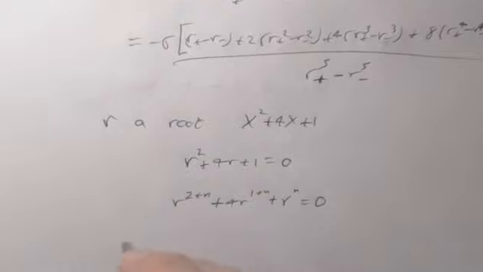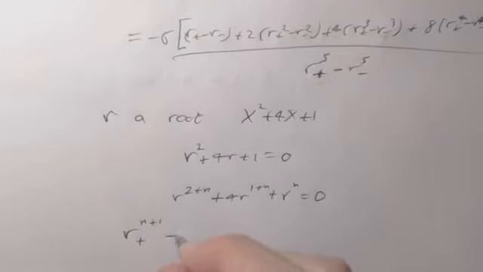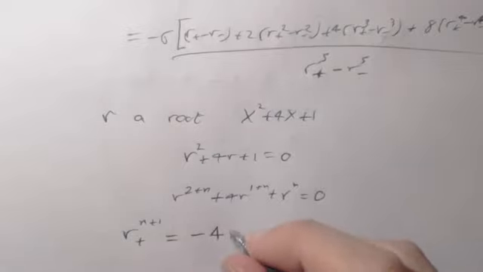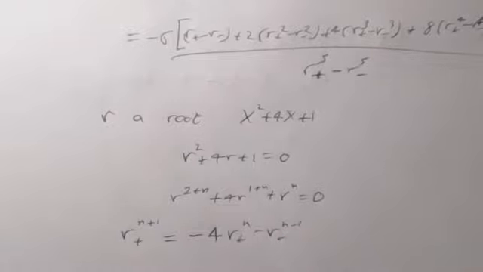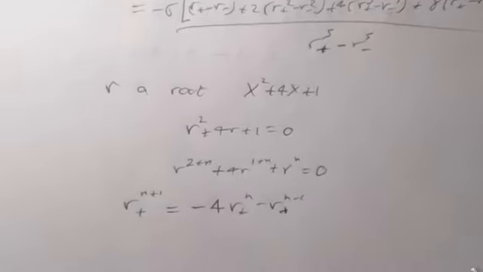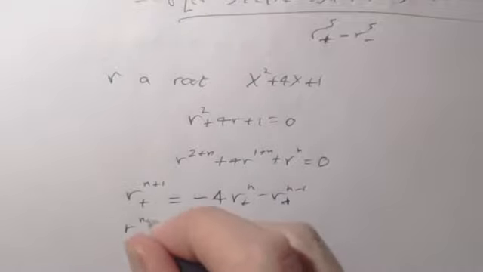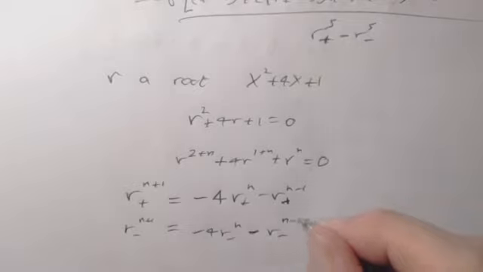So for example, if we want to know r plus to the n plus 1, well, if we know r plus to the n and r plus to the n minus 1, r plus to the n plus 1 is equal to minus 4 r plus to the n minus r plus to the n minus 1. And this obviously also holds for the other root, r minus to the n plus 1 equals minus 4 r minus to the n minus r minus to the n minus 1.